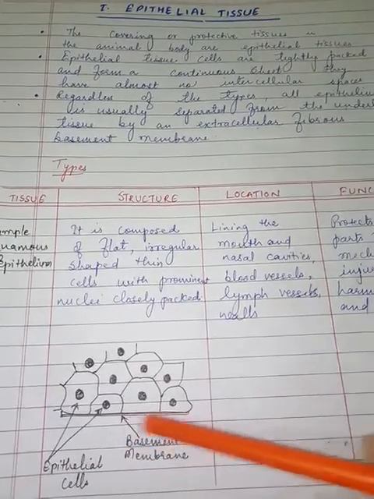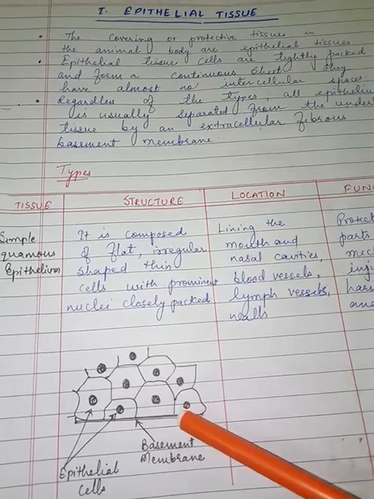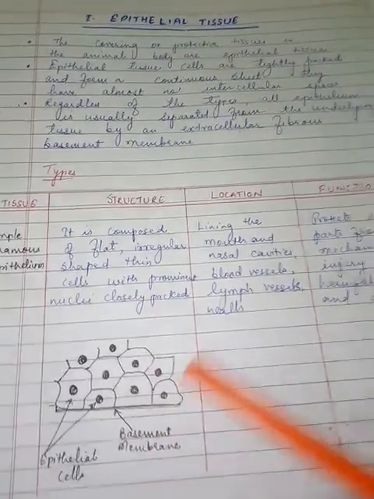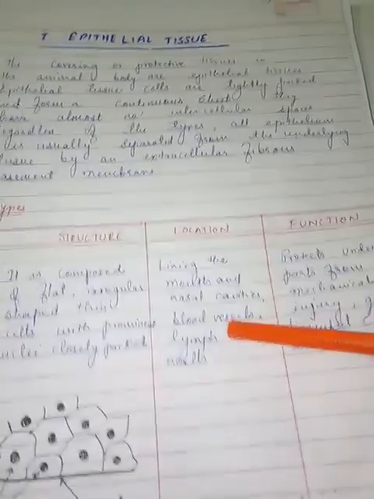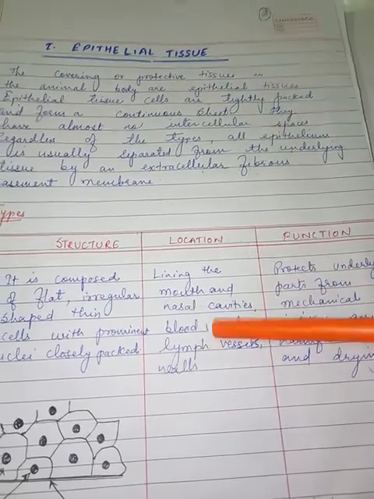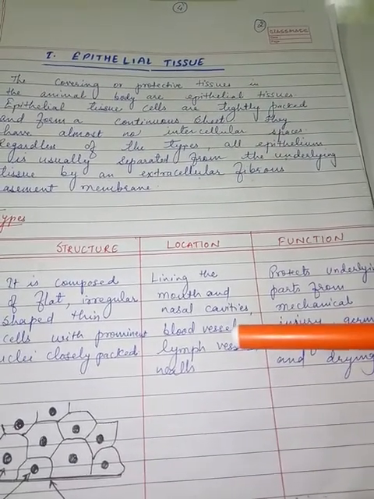And you can see here, this is the basement membrane, with the help of which it remains separated from the underlying tissues. Such tissues are present in the lining of the mouth and the nasal cavity, then the blood vessels and lymph vessels, etc.